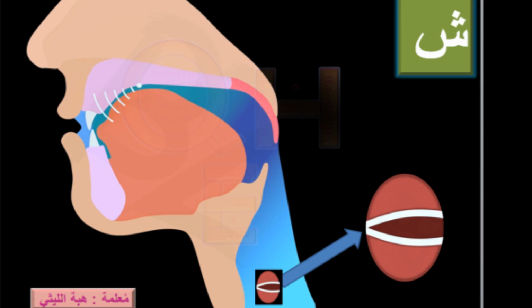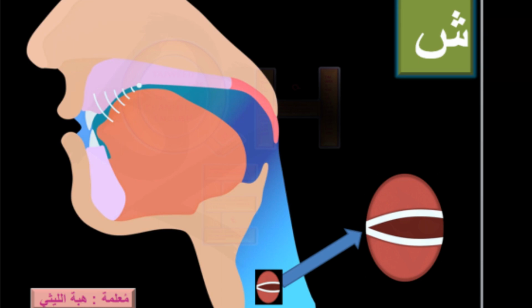This is just to make it easy for you. Letter قاف, for example, you can make with hams instead of jahr, but it doesn't mean the air comes onto your hand. Not all the time do you know by the air coming out or not, like letter قاف. But in total, with all the hams letters, you will find air come onto your hand. It's something to make it easy for you.